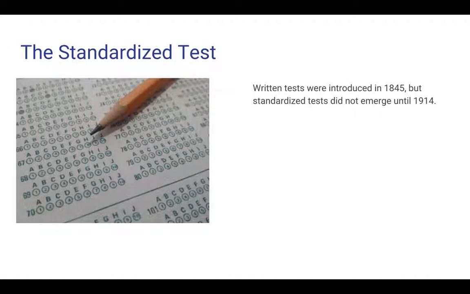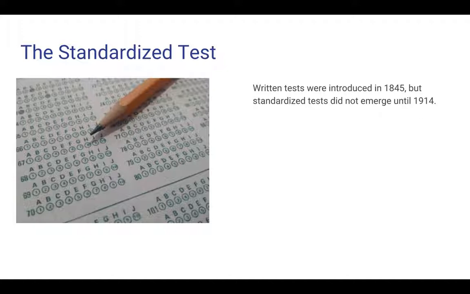Well, reading assessments, really, written tests, the idea of having students write tests, that really began in our public school system. Horace Mann introduced it in 1845. But what we think of today as standardized tests really didn't emerge until the 20th century.